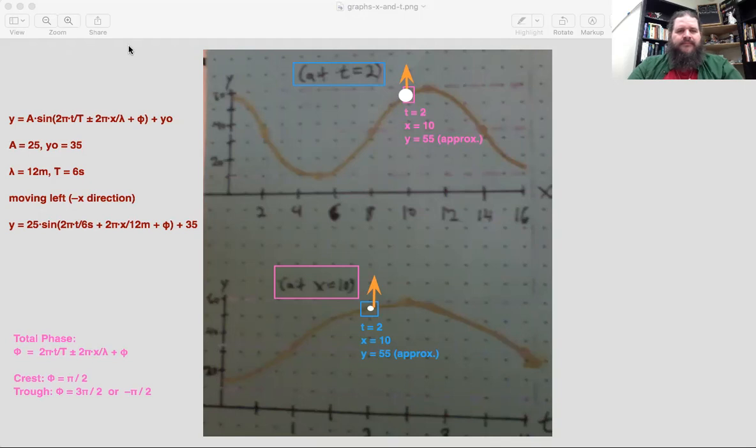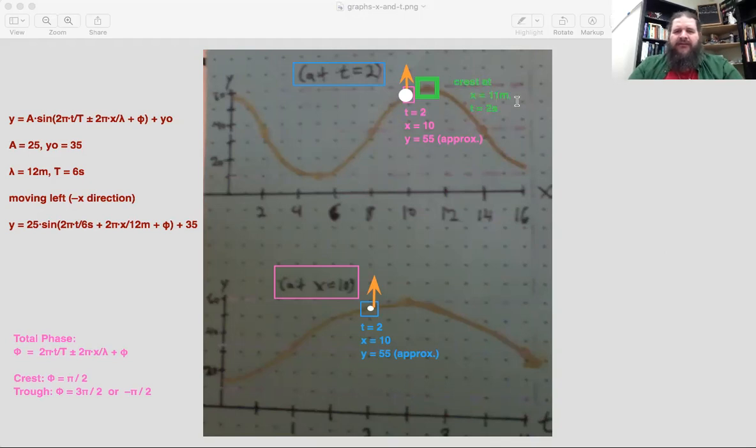If we look at the y versus x graph, at x equals 11, we know time is equal to 2. Yeah, let's use that. We definitely have a crest at this location. So crest at x equals 11 meters, time equals 2 seconds.